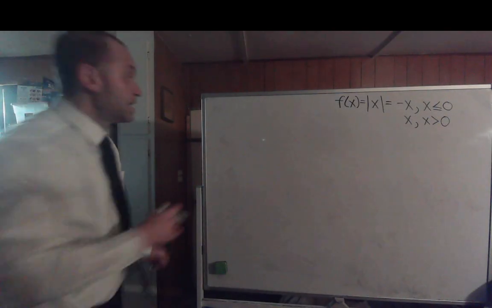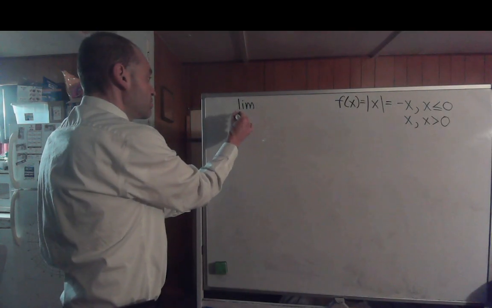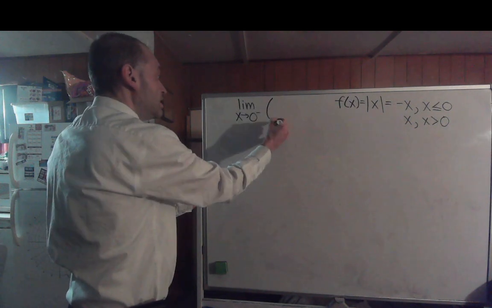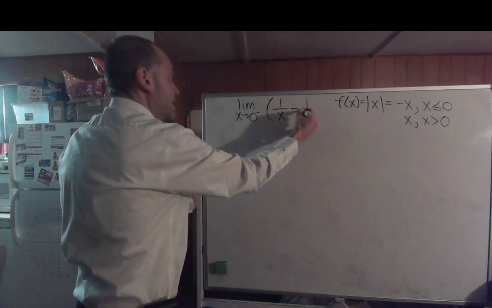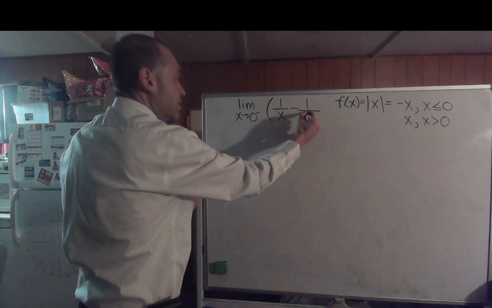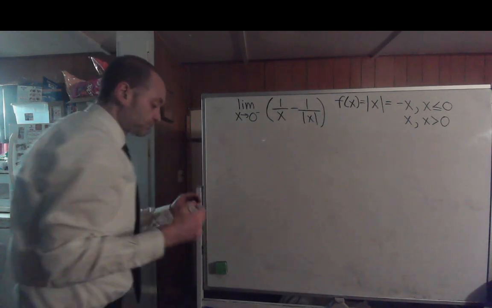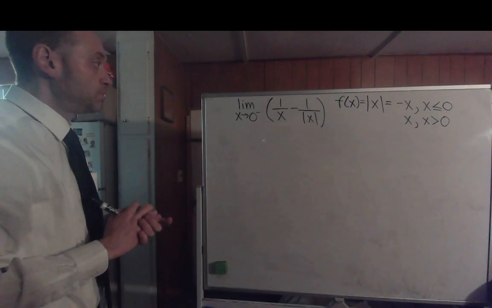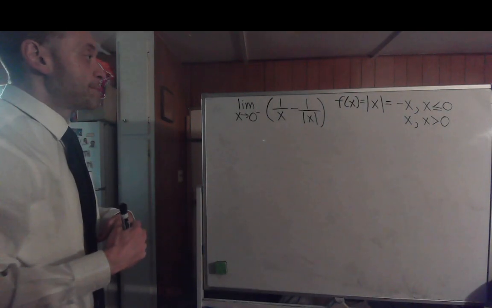So let's take the limit as x approaches 0 from the left of 1 over x minus 1 over the absolute value of x. Okay, well, we need to look at this here.